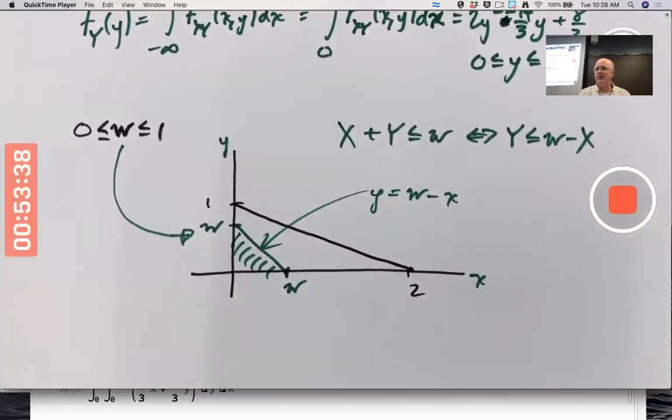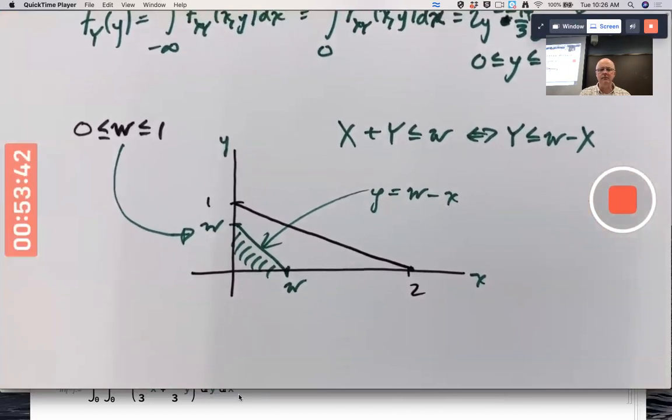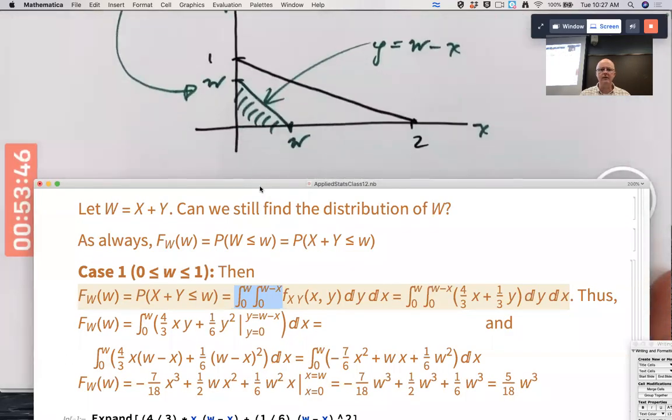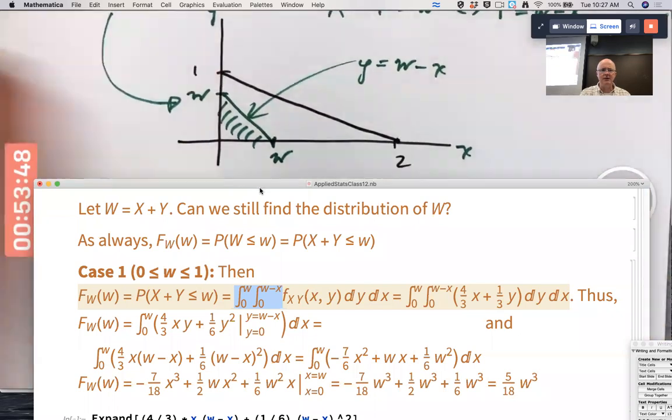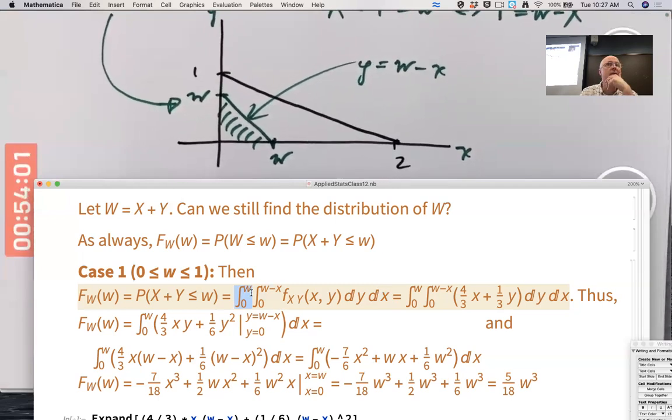So integrate over that triangle is what we're doing here with case 1. So the limits of integration are what you see here. X is my outer integral. It goes from 0 to W. Think of W as fixed, some fixed number between 0 and 1.